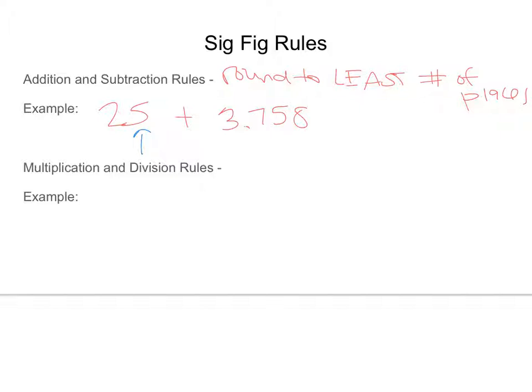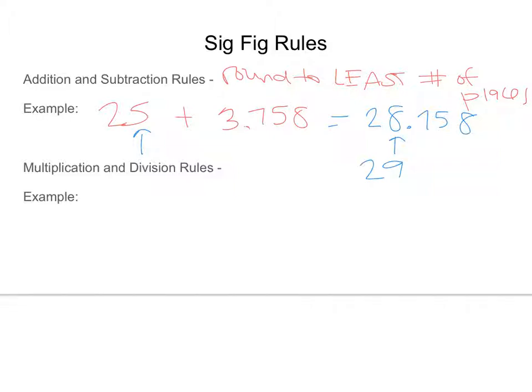Okay? It has nothing to do with sig figs when you add and subtract. So this number is going to be 28.758, but we're going to round to 29. Okay? Because we can only have the least number of places. Okay?